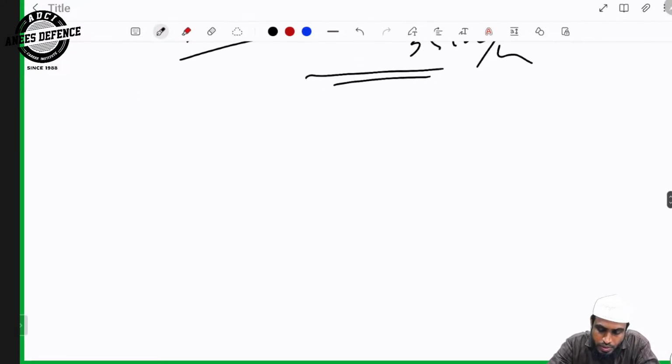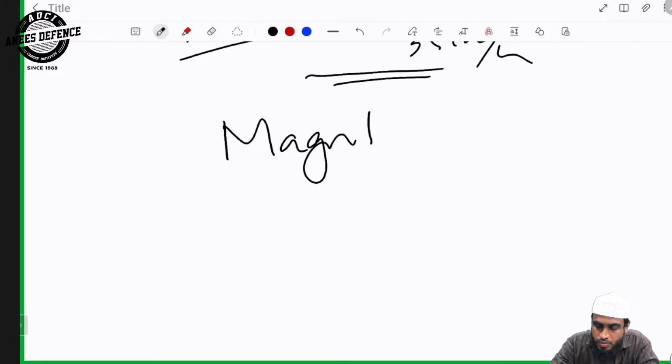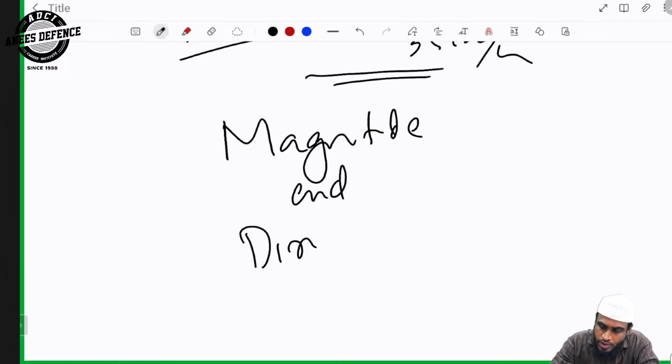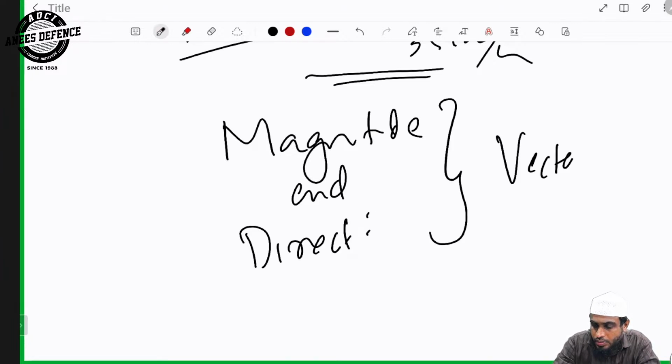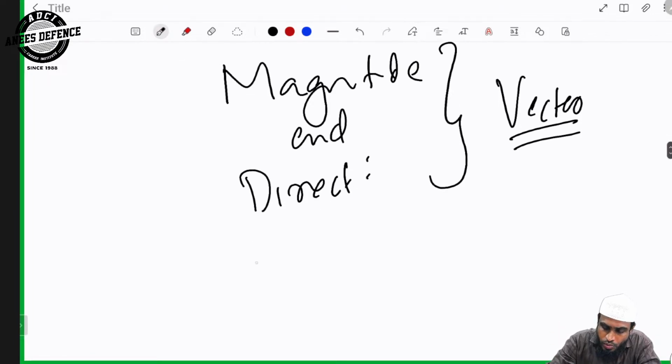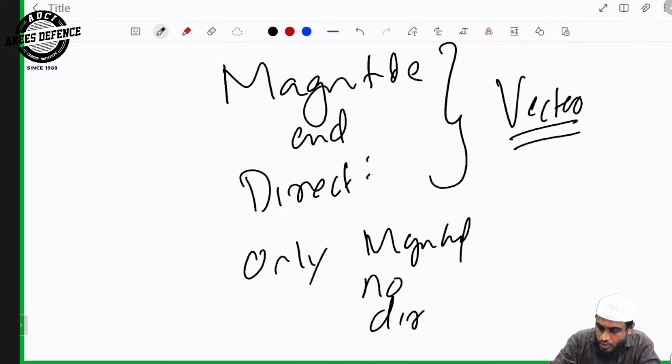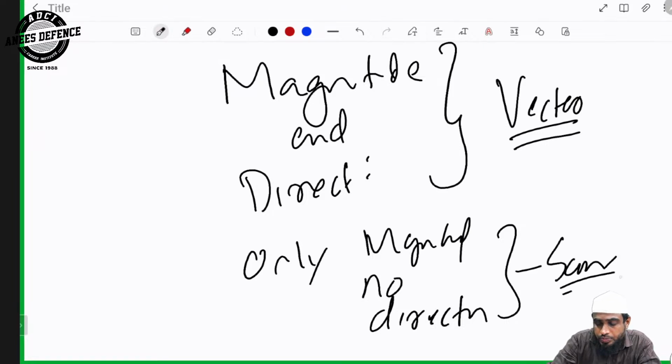So if a quantity has both magnitude and direction, we can call it a vector quantity. If a physical quantity has only magnitude, no direction, we can call it a scalar quantity.